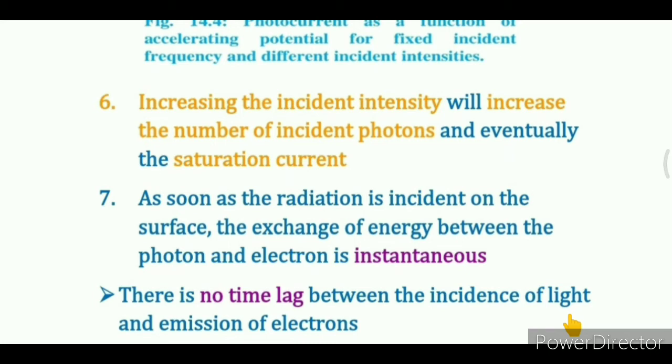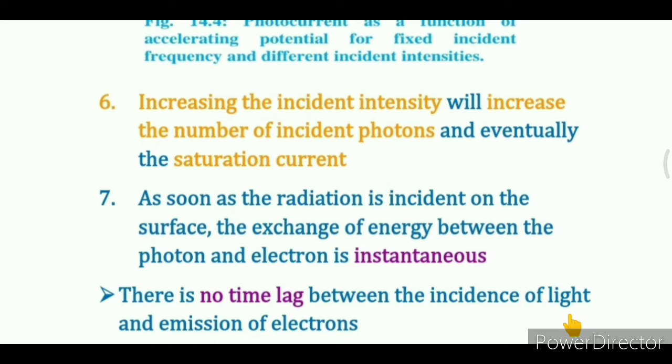Hence, there is no time lag between the incidence of light and emission of electron. Also, when the incident radiation is stopped, there are no photons to transfer energy to the electrons, and hence the photoemission stops immediately.